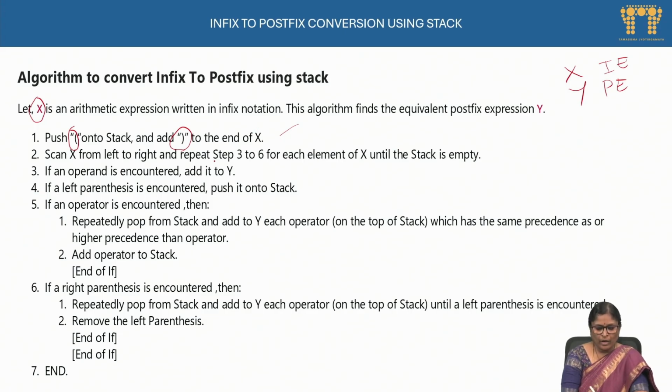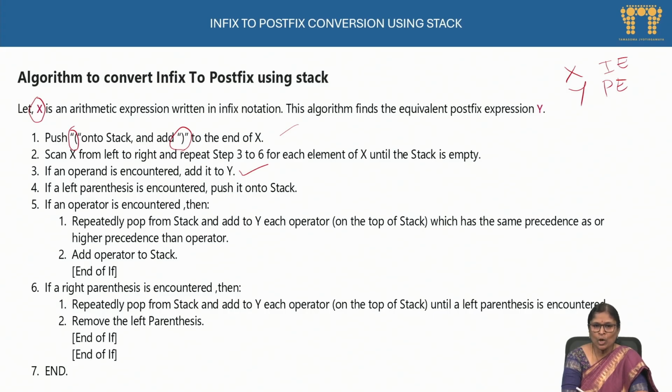Now, whenever an operand is encountered, you add it to the postfix expression. If a left parenthesis is encountered, we push it onto the stack. Whenever an operator is encountered, you check the precedence of the operator on the top of the stack against the operator to be scanned, whether they have equal or higher precedence.